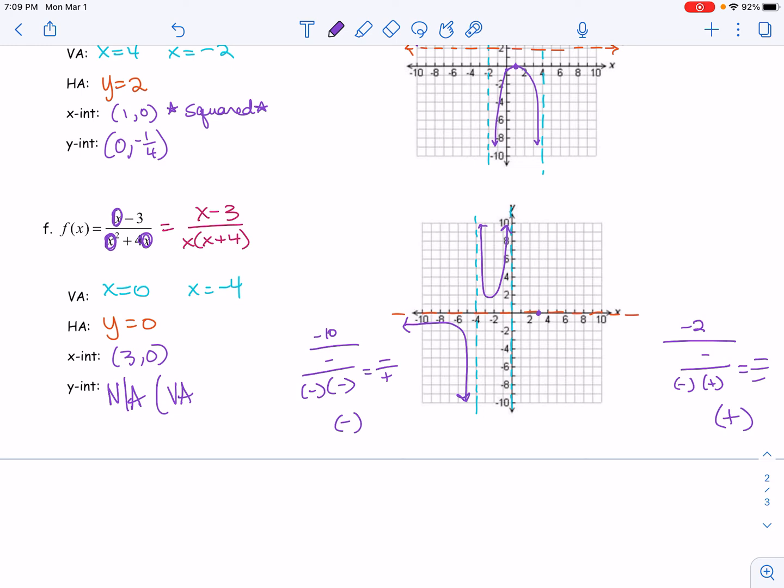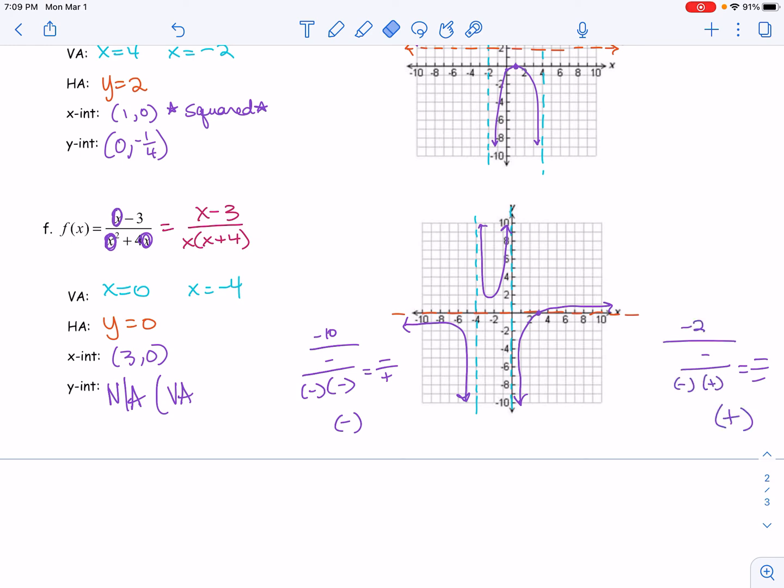There's no way that we can get so accurate like that. But I need to see it in that realm. So this now tells me, because there's no squared factors in the denominator, I'm not going to be up here. I'm going to be down here. I have to cross, but I'm still approaching that horizontal asymptote, okay?